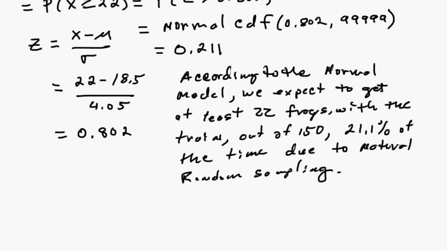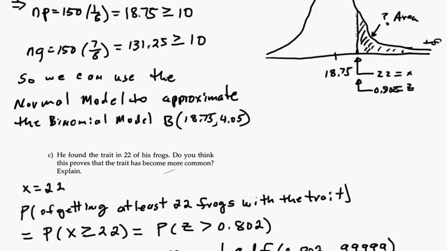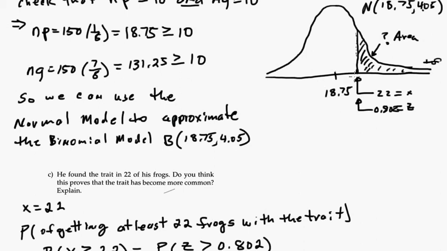Okay, so that's a small number, but I don't know if it's small enough to say that this means that something else has changed. I don't know if that's enough proof.